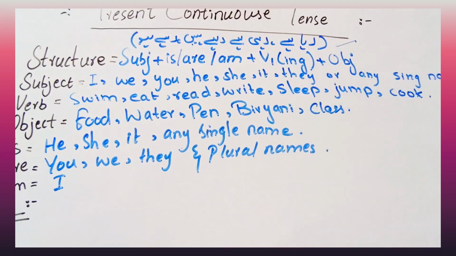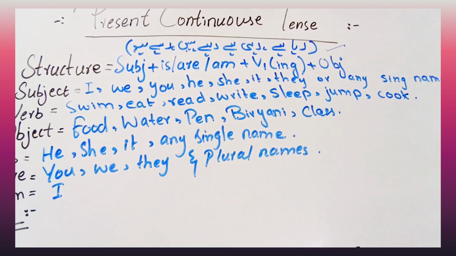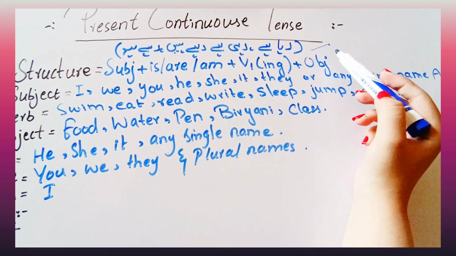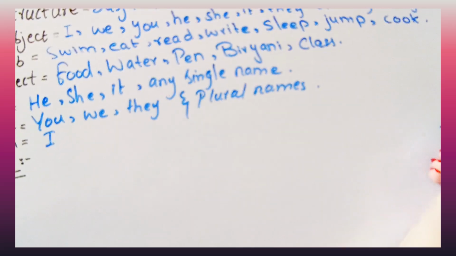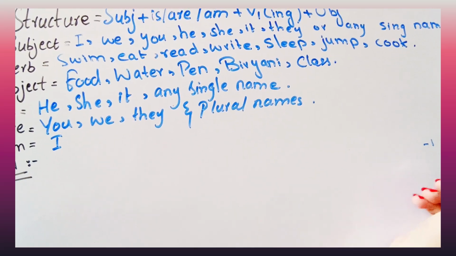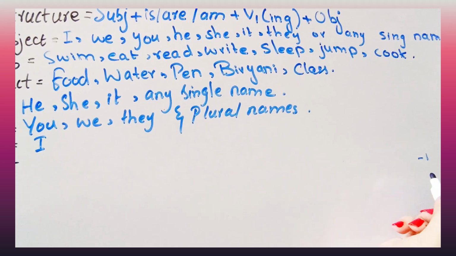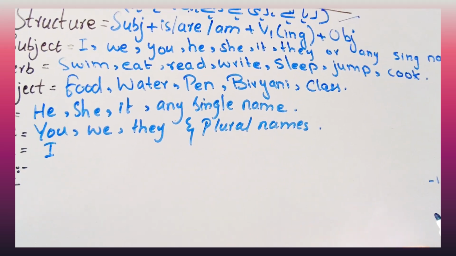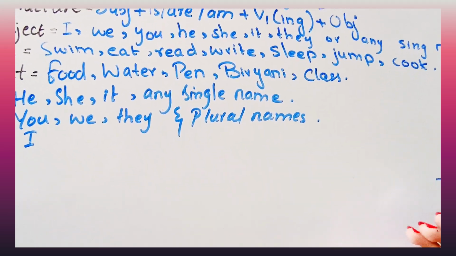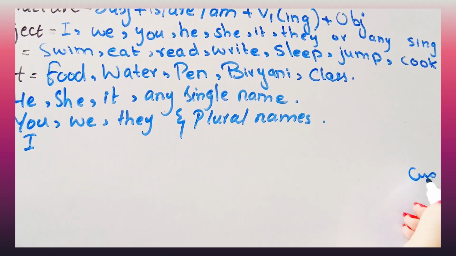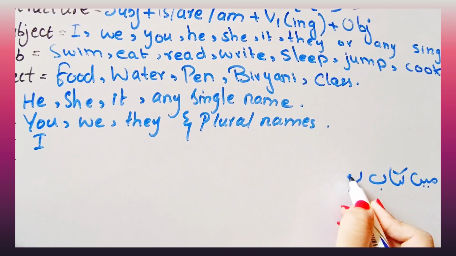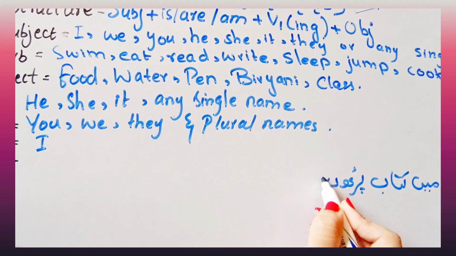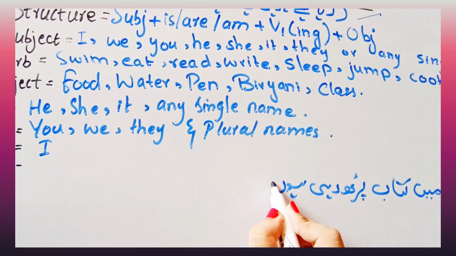Now I think we will be able to make sentences of this tense, present continuous. Now let's start. If I write the Urdu sentence for the Urdu recognition, then with the help of the Urdu recognition, I think you will be able to understand much better. For example, if I say मैं किताब पढ़ रही हूँ.